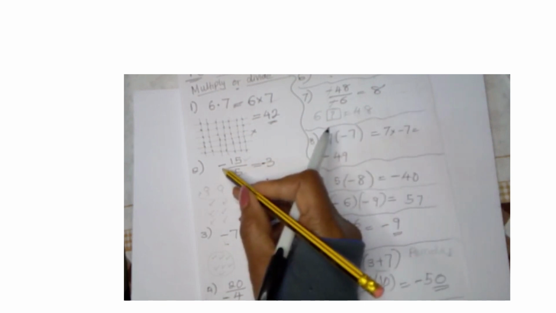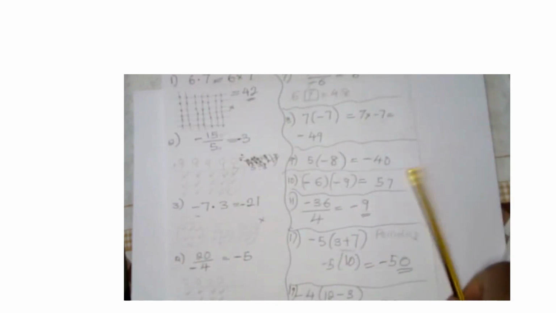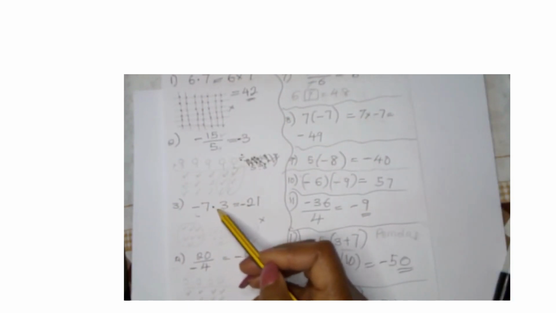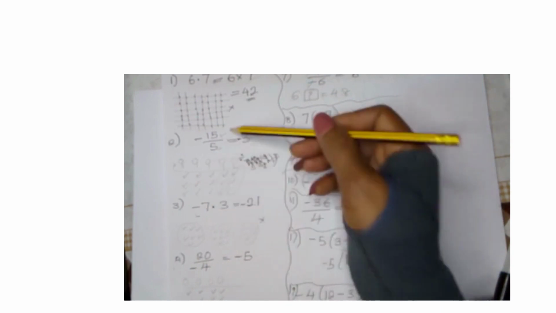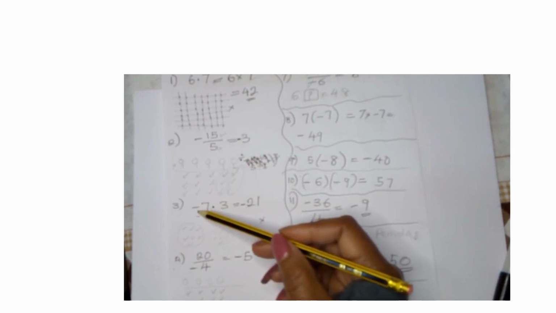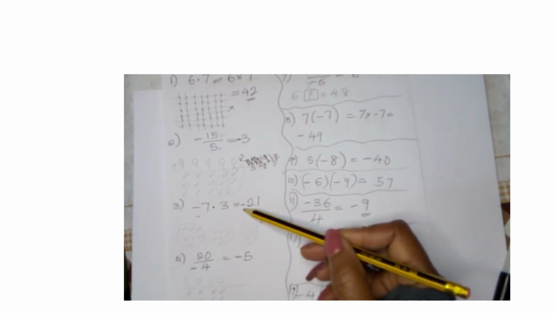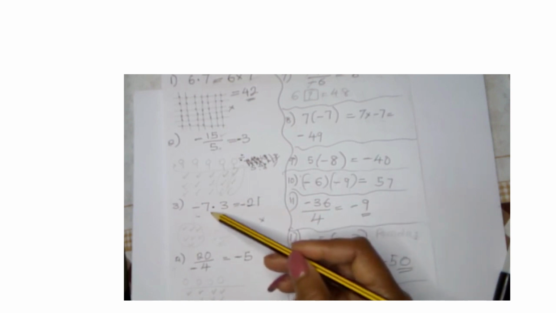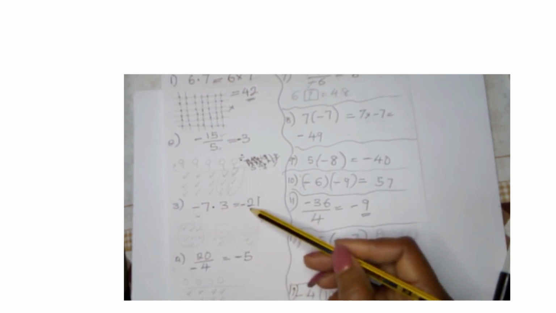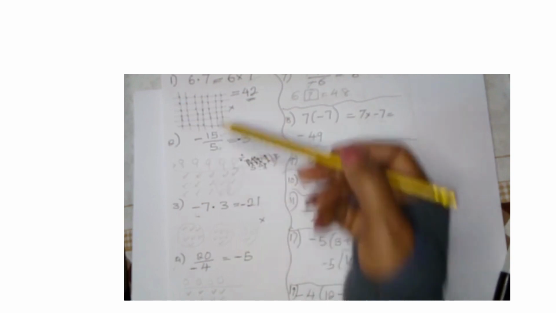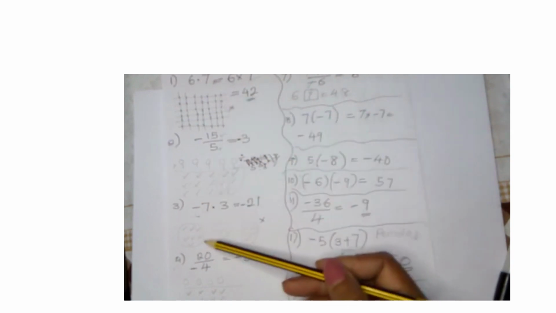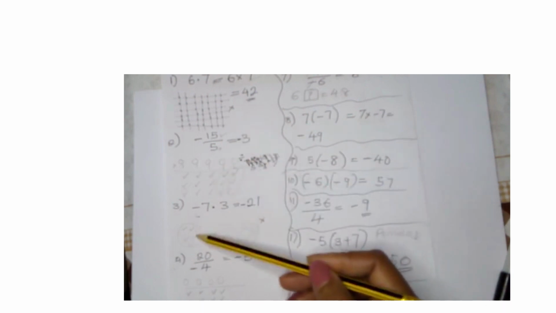So the next one, we have negative 7 multiplied by 3. The same thing goes for negative: if you have one sign that is negative, your answer must have a negative sign. So negative 7 multiplied by 3 is going to give you negative 21. How did I get 21? You group it into 3 places and each one will get 7, 7, 7.